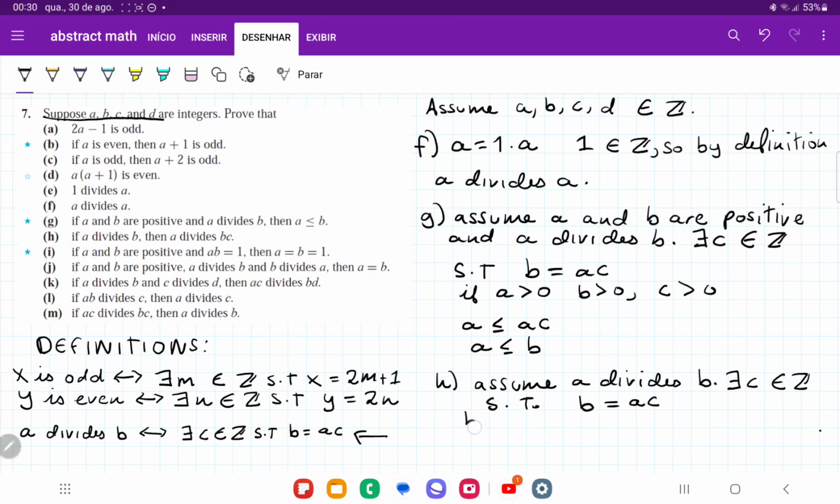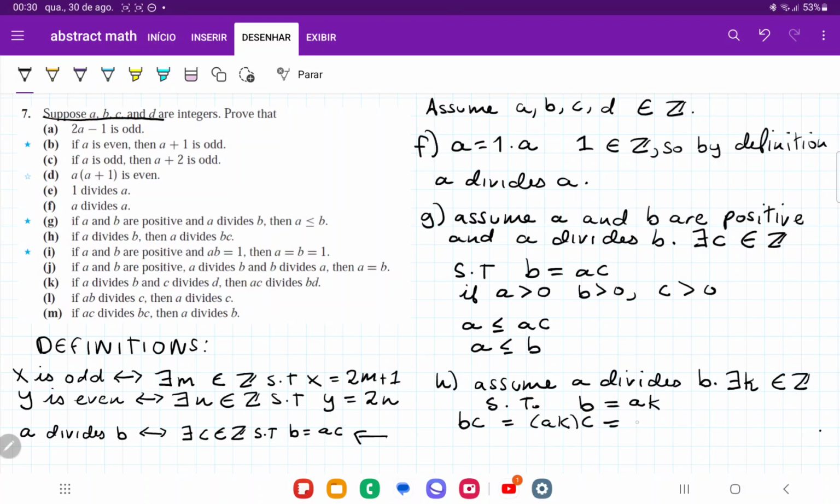Okay, so then therefore BC is going to be equal to, let's see, BC is going to be, then I chose the, because C is already being used, so I should have chosen a different letter. Let me choose K. So we're going to say B equals AK. Okay, then BC is going to be equal to AK times C, because B is equal to AK, right?